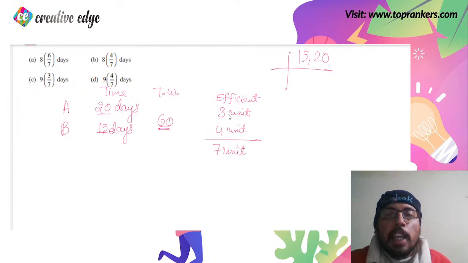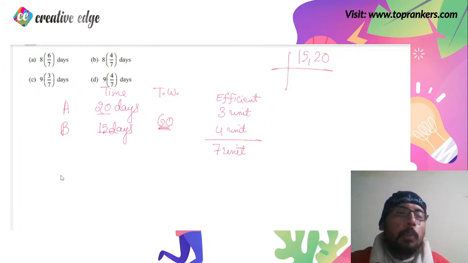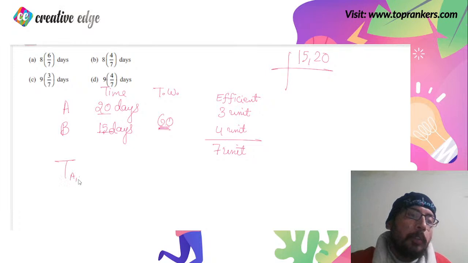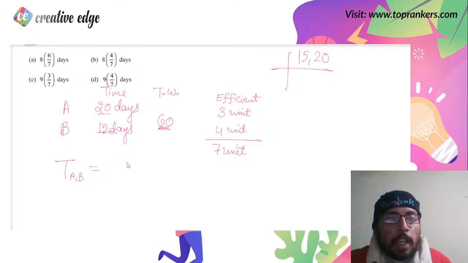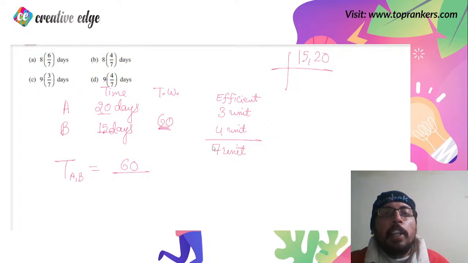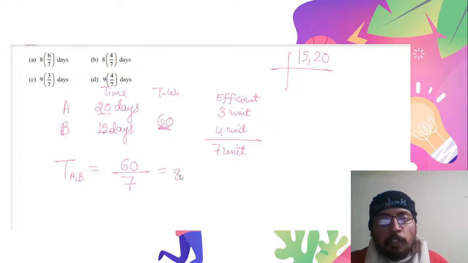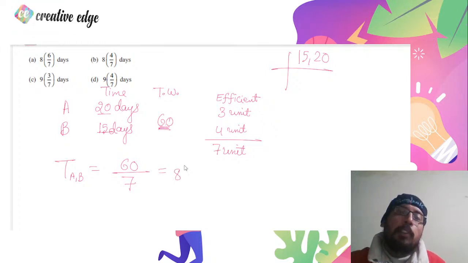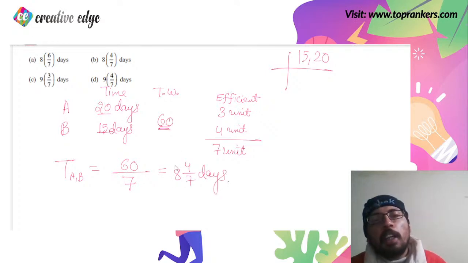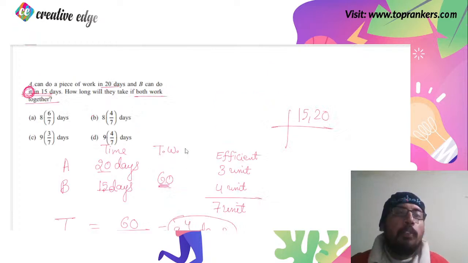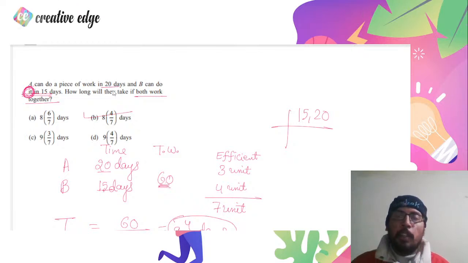So the time taken by A and B together would be total work, which is 60, divided by 7 units per day, so 60 upon 7. 7 eights are 56, remainder is 4 by 7. So in these many days A and B can complete the entire work together. The correct answer is 8 4 by 7, option B, right?